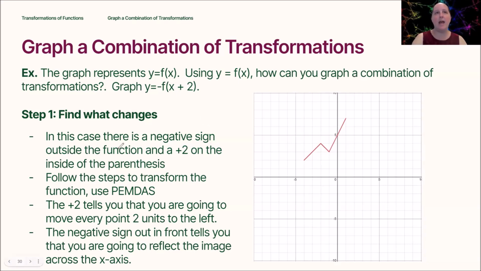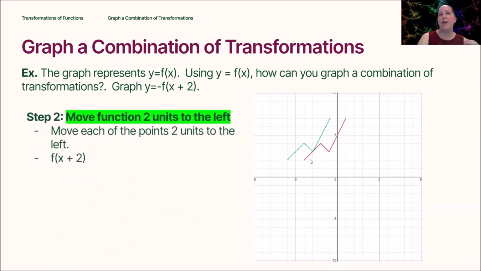So I'm looking at my original function and I want to change it to this function. I notice that there is a negative sign out front and this +2. The +2 tells me I'm moving everything to the left, and the negative sign out in front tells me I'm flipping it across my x-axis. It's going to reflect it.